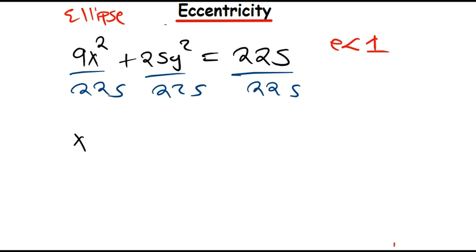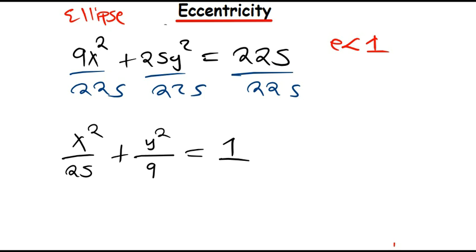So x squared over 25. And 25 into 225 is 9 times. So y squared over 9, and then that is just equal to 1.